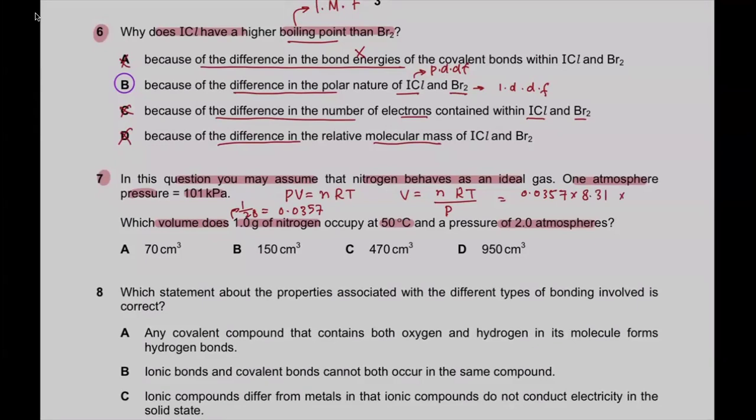Then temperature is 50, so 50 plus 273, because you need the temperature in Kelvin. So it is going to be 323, divided by pressure, and pressure must be in Pascal. So 2 atmospheres is 202 kilopascal. So we are going to convert the pressure into pascals.